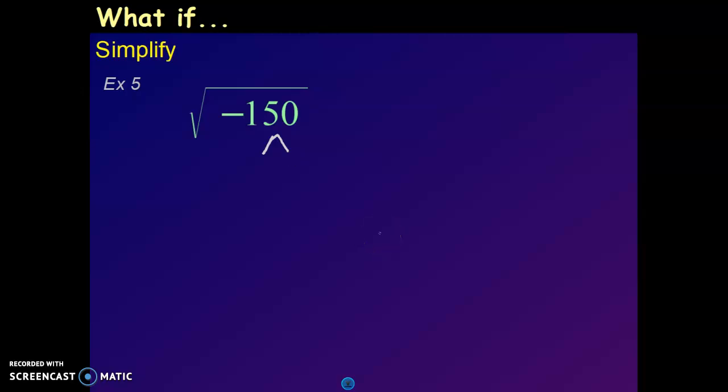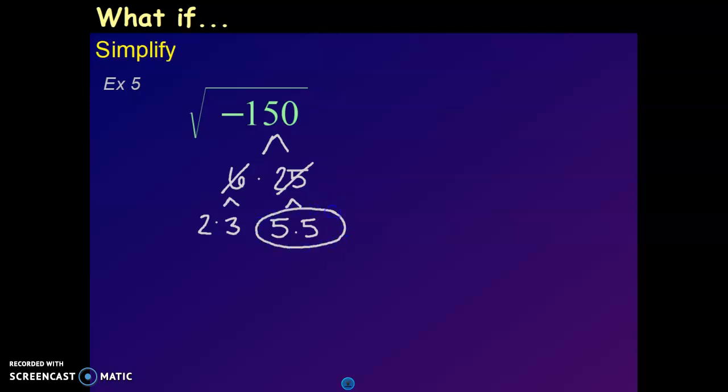Again, a lot of ways to break down 150. Perhaps you thought about money. So if I have $1.50, I have 6 quarters. All right. So I like to use 25 because I know that's perfect. That's 5 times 5. 6 does factor, right? 6 is 2 times 3, but there's no more pairs.